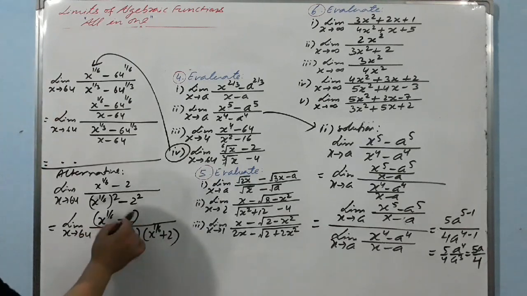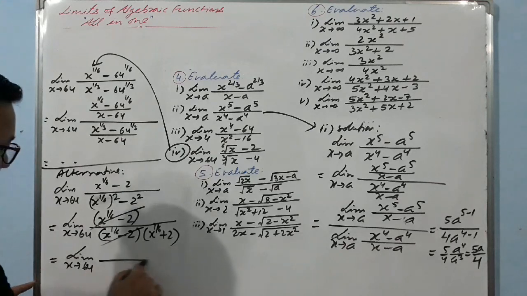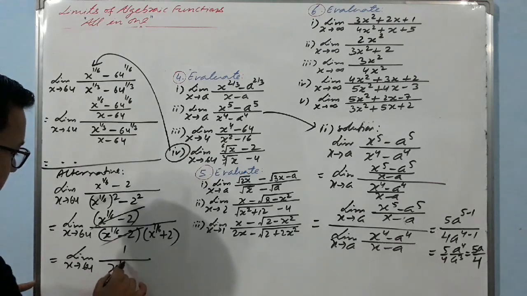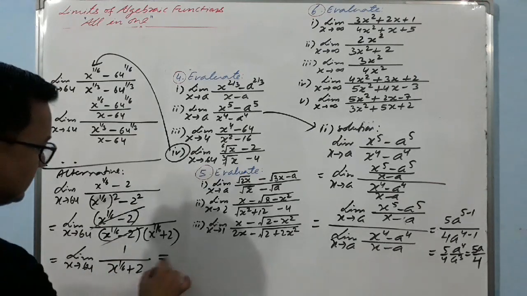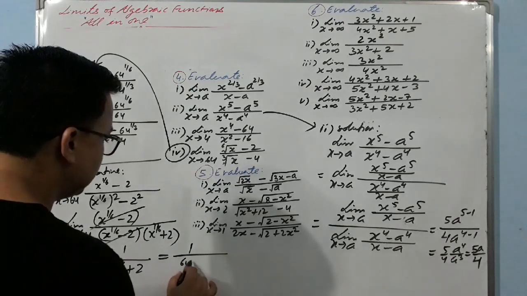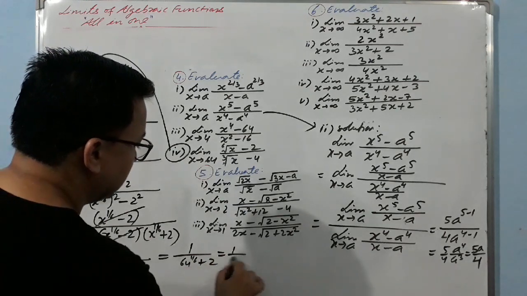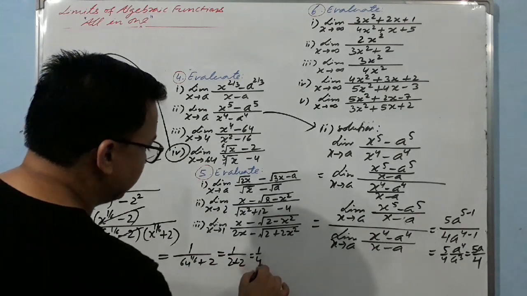Now this can be cancelled out. You will have limit as x tends to 64, 1 upon x raised to 1 by 6 plus 2, and you are going to get 1 upon 64 raised to power 1 by 6 plus 2, and this will be 2 plus 2, which is equal to 1 by 4.